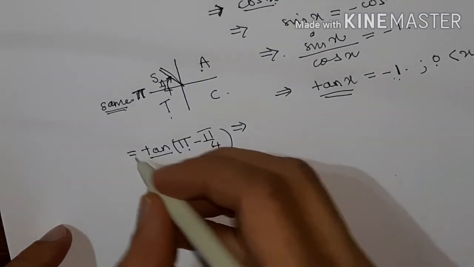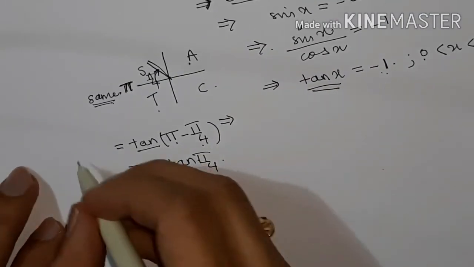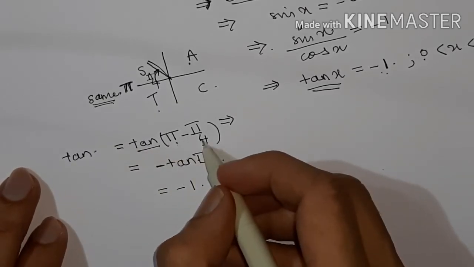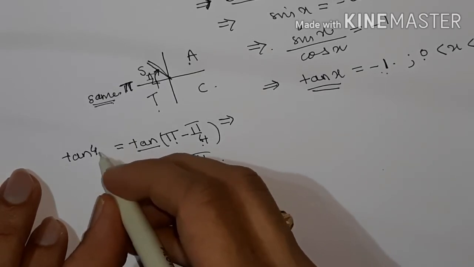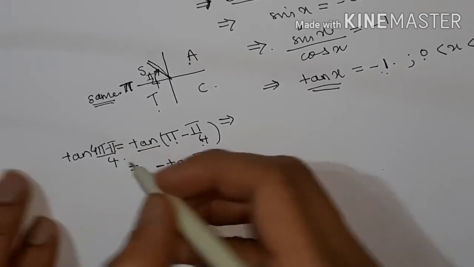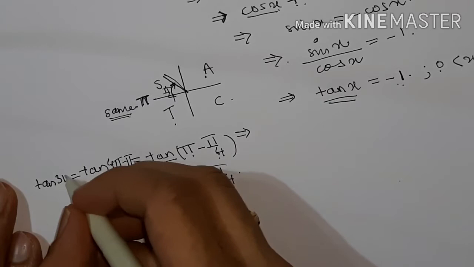But what is the theta then? Yes, you are getting -1, that is okay, but what is the theta? That is pi minus pi by 4, which is 4 pi by 4 minus pi by 4, which is tan of 3 pi by 4.